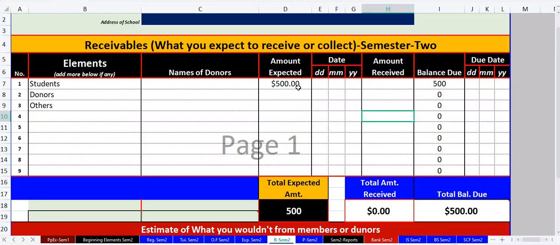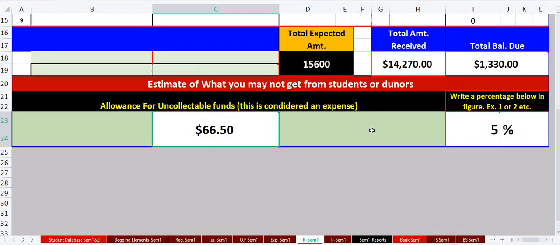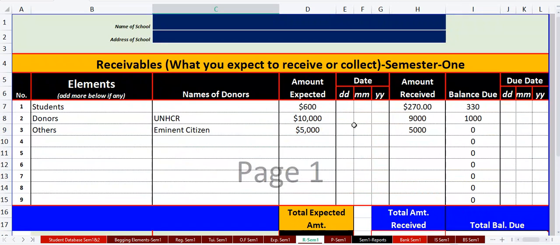So we say again, UNHCR. We know how much their receivables were here. We always have their receivable for UNHCR. Okay, they're supposed to bring back 1,000. So that 1,000 is what we expect. Did they pay? We come to look at that now.